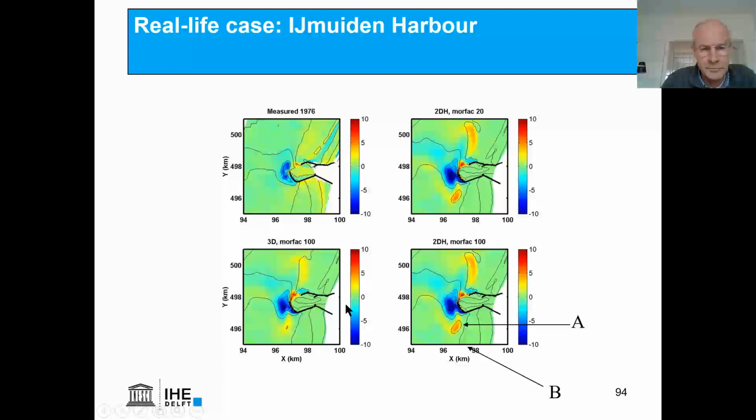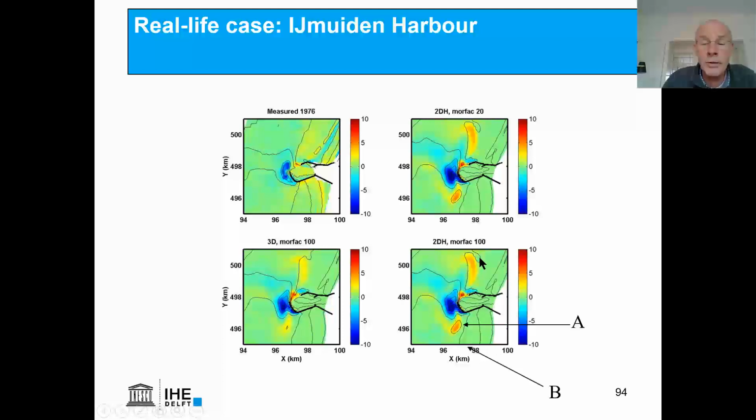You see, between measured and 3D, it's not the same, but there is quite some agreement here. Also between 3D and 2DH, there is some agreement, but you see, for instance, these patterns are much sharper, and the 3D model tends to smooth out some of these evolutions.